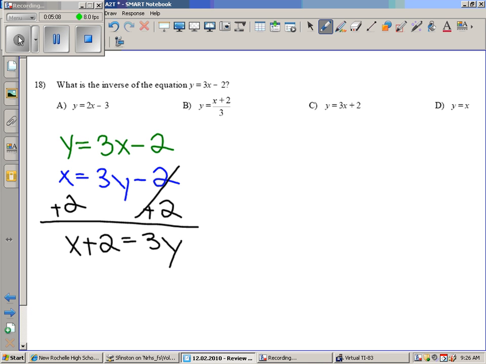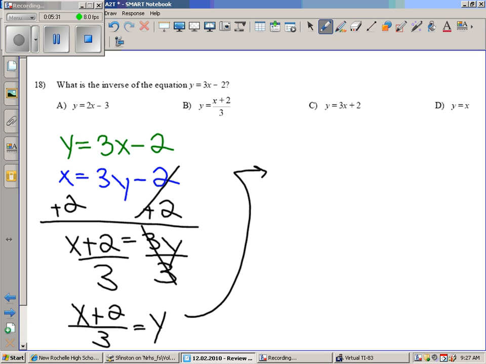What do we do next? I always show this equals y, and then I always write my results in terms of function notation. So the inverse is x plus 2 divided by 3. Choice B.